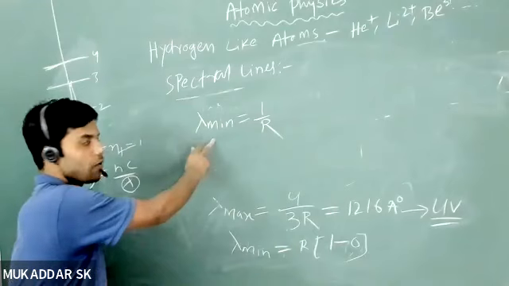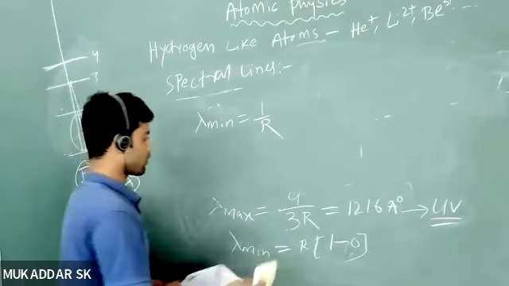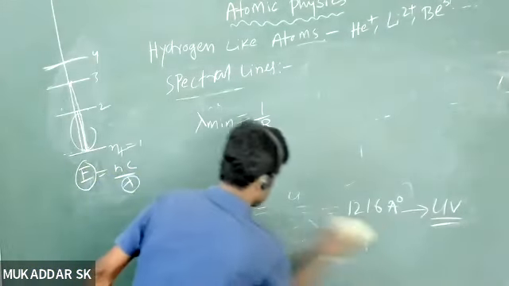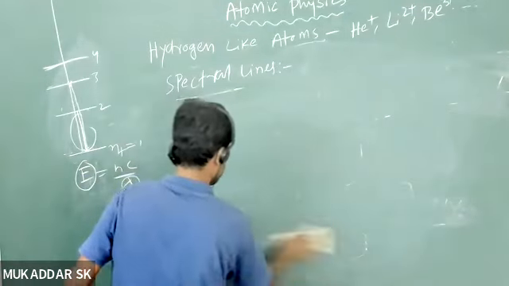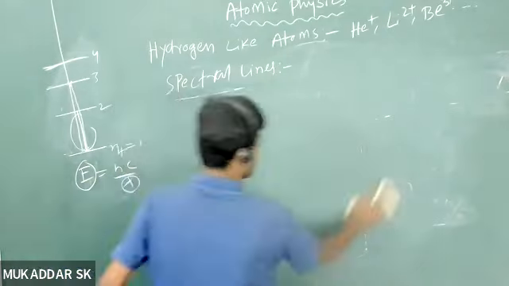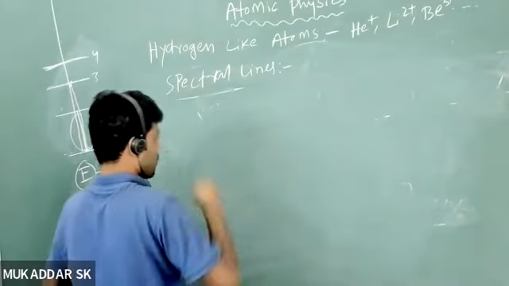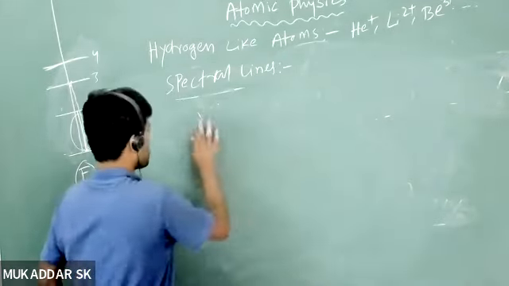This is basically 1 by R. So we'll draw all the Lyman series lines for the hydrogen atom. Before that, let us calculate the Balmer series also.